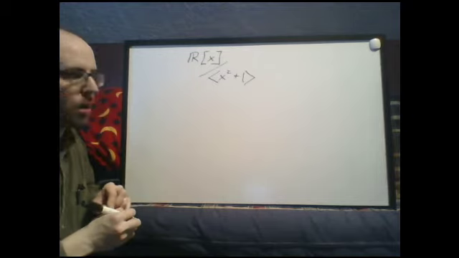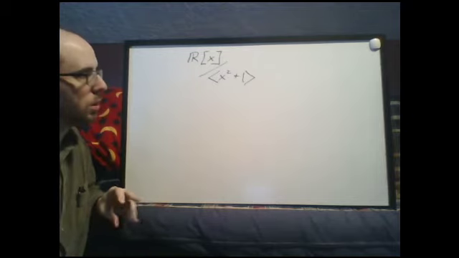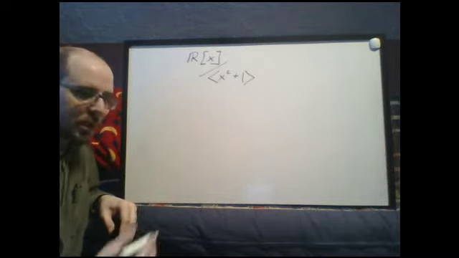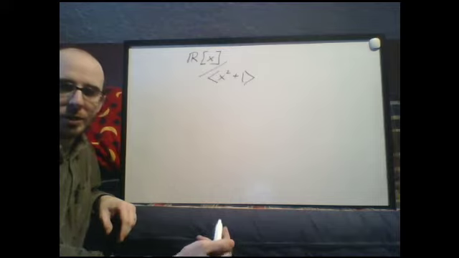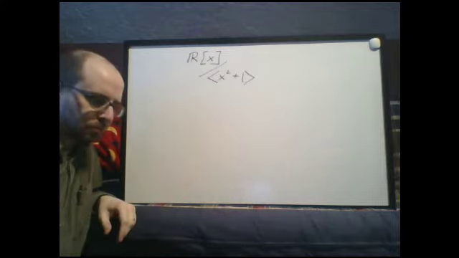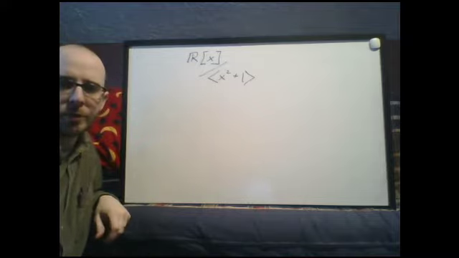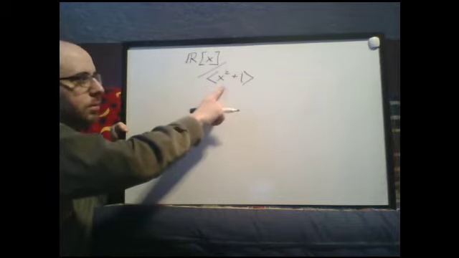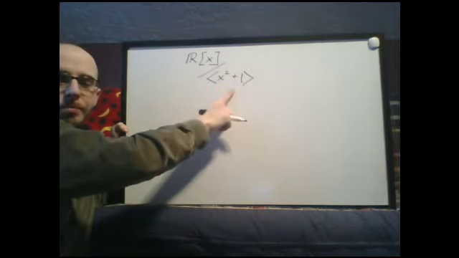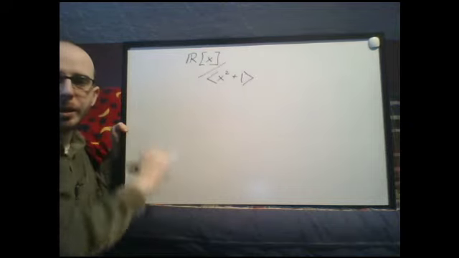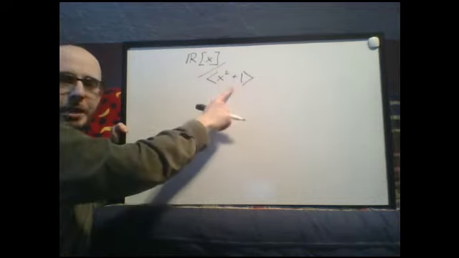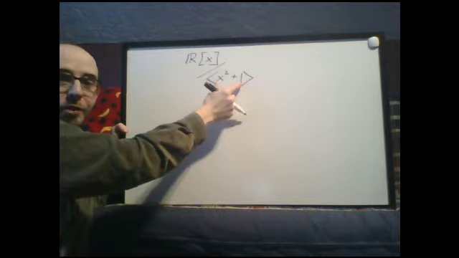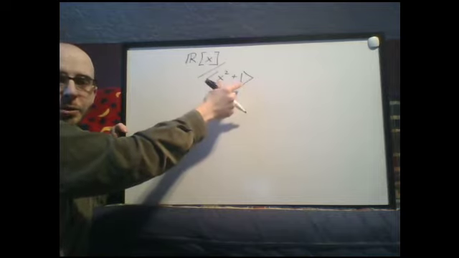Let's talk about this intuitively for a second, and then I'll tell you what this factoring is equivalent to, and then I'll give you a proof based off of the first isomorphism theorem that I just wrote. All right. So as we've talked about, when I'm modding out by some ideal, or a subgroup in the group case, we're essentially saying this element, and therefore everything it generates, turns into 0.